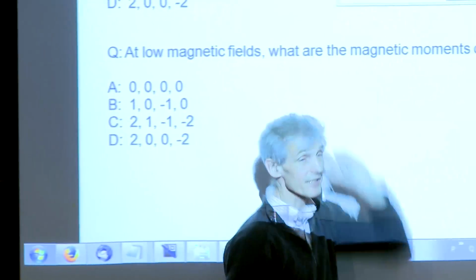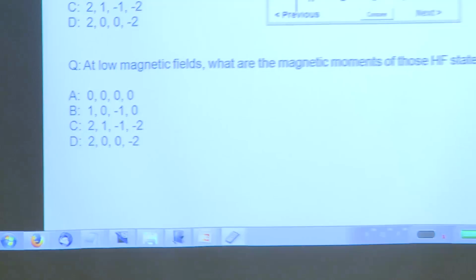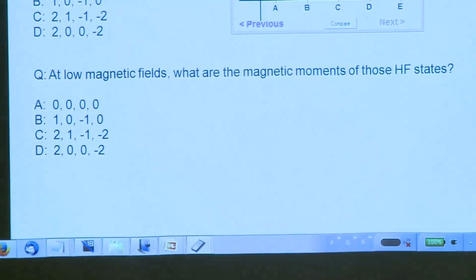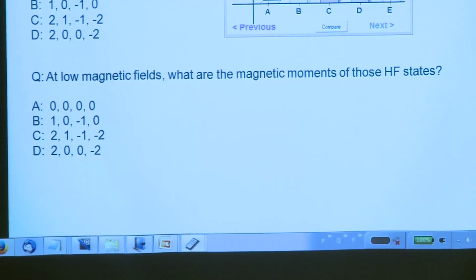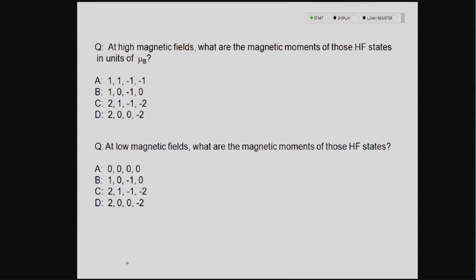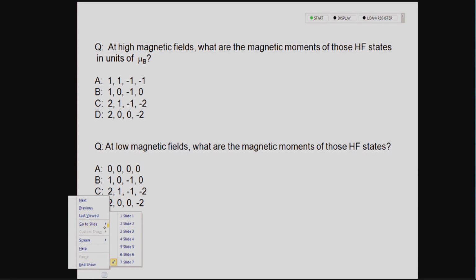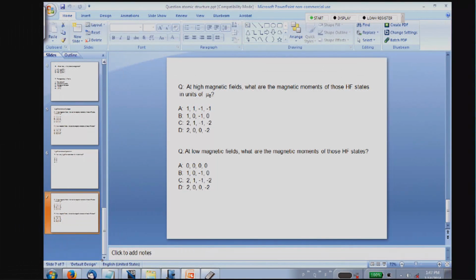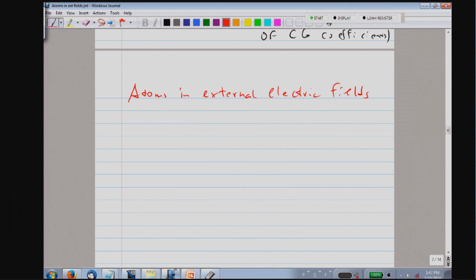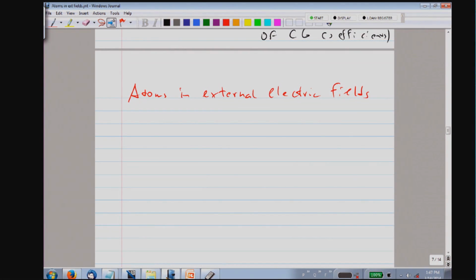So, sorry, A is the correct answer, without any ambiguity this time. Okay. Any questions?